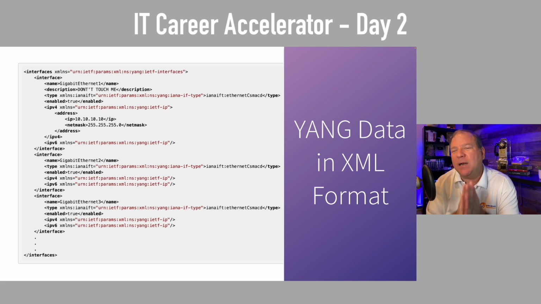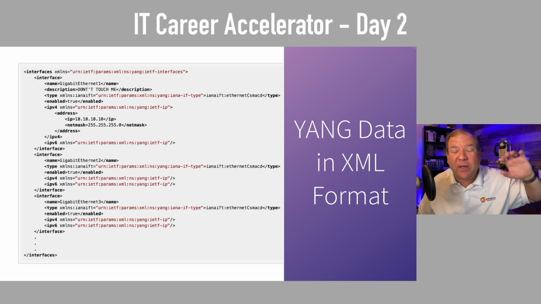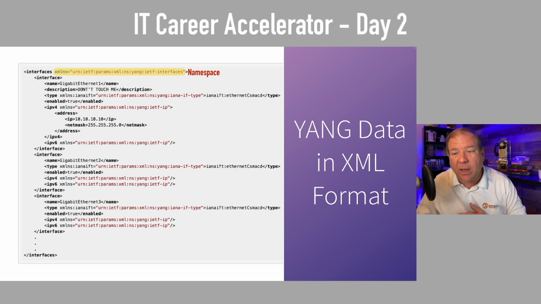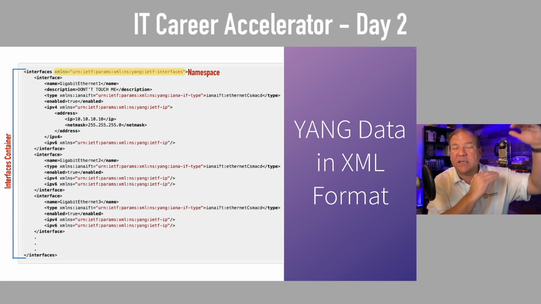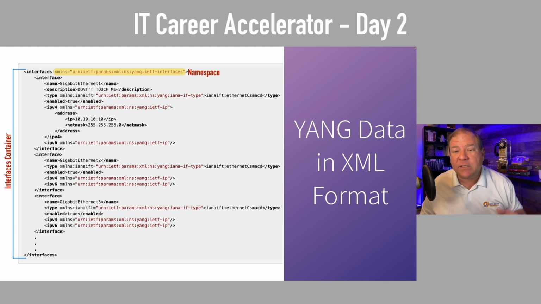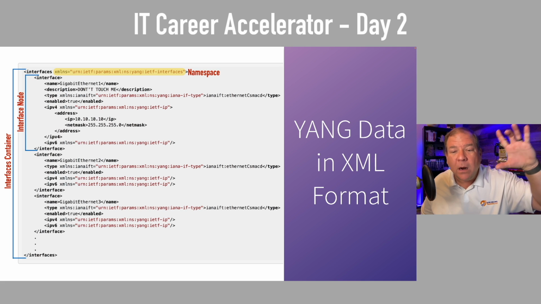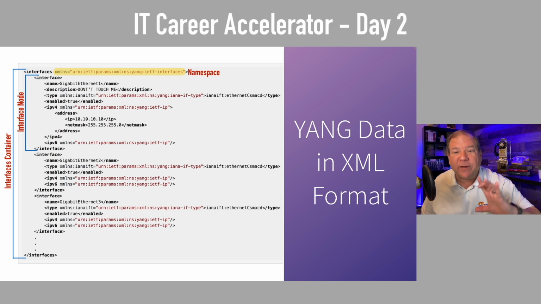Now, to make this a little bit more real world, let's take that same IETF interfaces data model and populate it a bit. Here we see basically the same thing. We see that we're using the IETF interfaces data model. We see that we have a container for interfaces. And within that container, we've got different interface nodes.